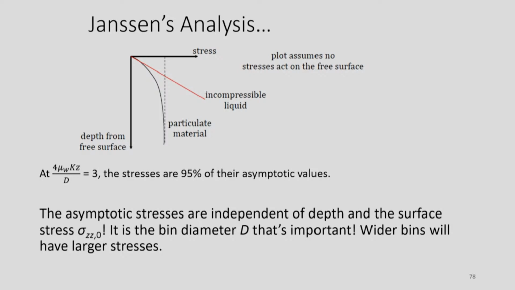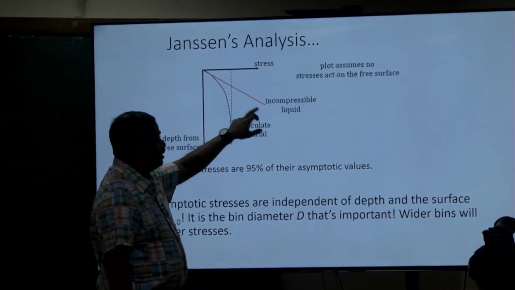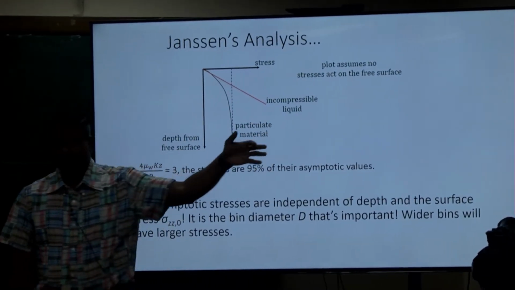But if you are increasing the diameter, then the stresses will go up. So that's why we limit the diameter, just to keep the vertical stresses low, and the effect on the bin and hopper low. But for an incompressible liquid, like most fluids, we know the equation, right? Rho g height.